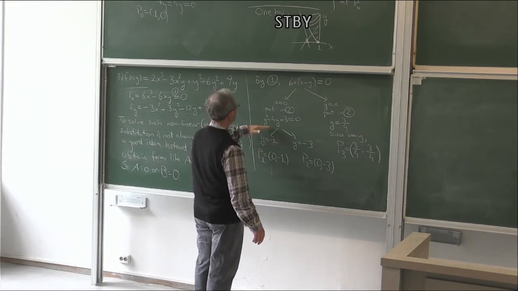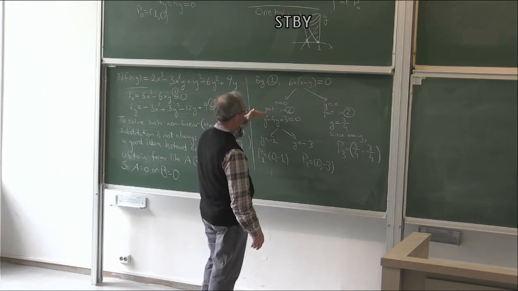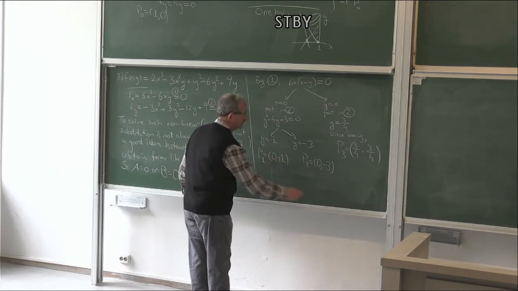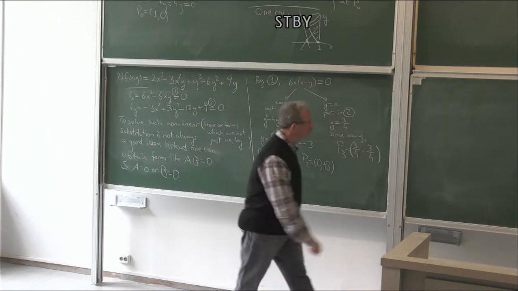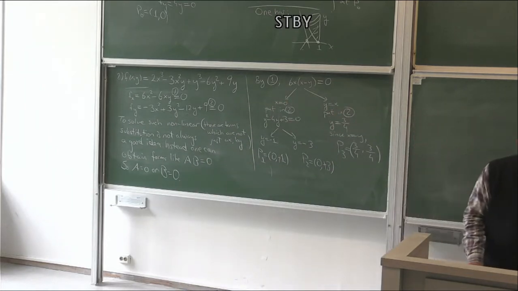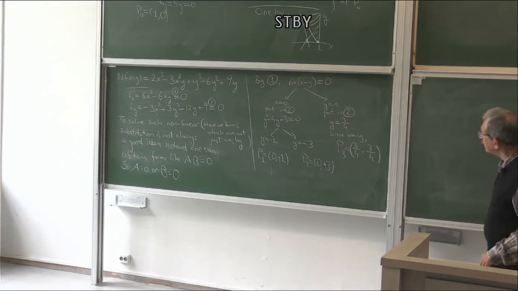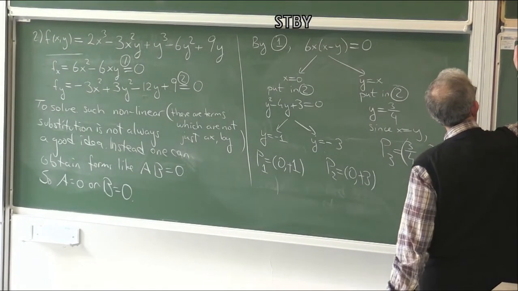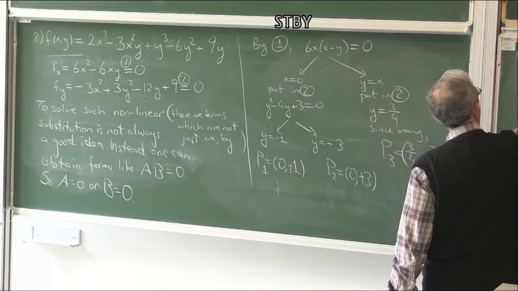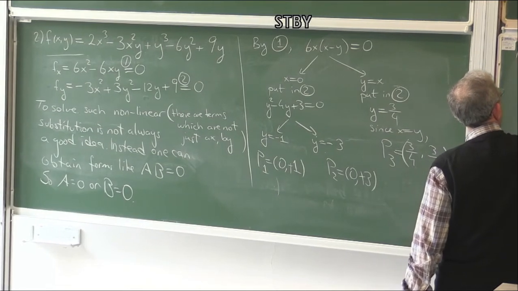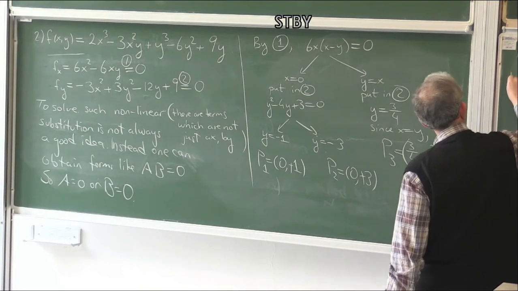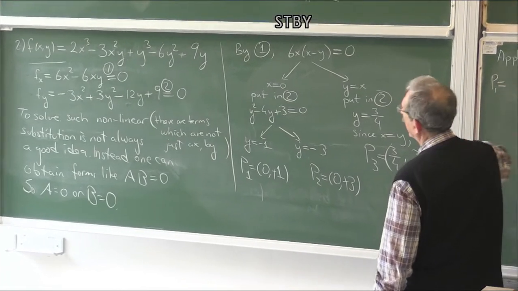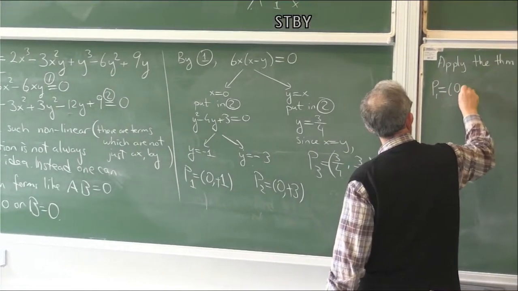This is y minus 1 and y minus 3, so these are plus. Well, let us now apply our theorem. Let us do it first with P1, which was 0, 1.